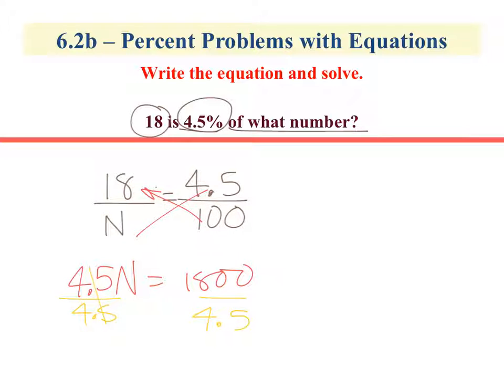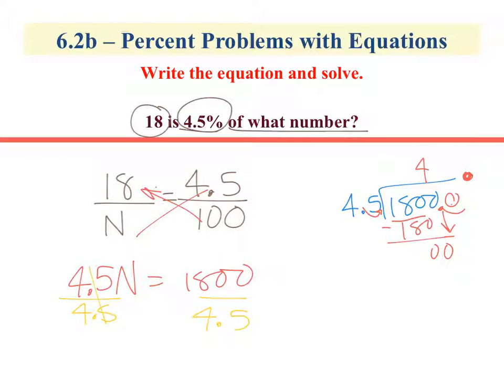And when you do your long division, 1800 divided by 4.5. Divisor must be a whole number, just the rules of decimal division. Move that, add a 0, bring it up. 45 goes into 180. Well, 45 times 2 is 90, so double the 2 will give you 180 exactly.